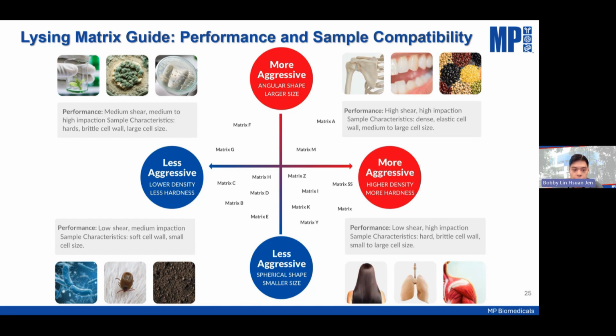So they're better for softer cells and don't overprocess your sample, minimizing the potential risk of contaminating or degrading your nucleic acids. Again, this is a very intuitive graph that you can refer to in choosing the correct lysing matrix.